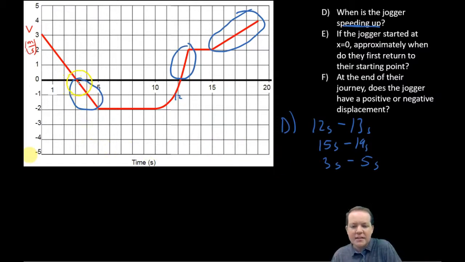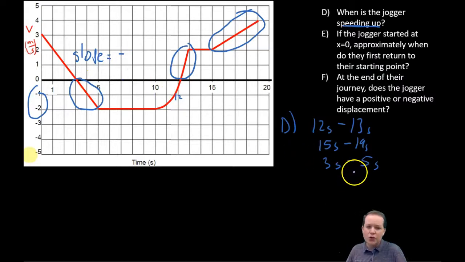Here, the person is going faster and faster in the opposite direction. That's speeding up too. The velocity is getting more and more negative, and the acceleration, because the slope is negative, is also negative. On my quiz or on my test, some of you are going to miss that one. That is also where they're speeding up.